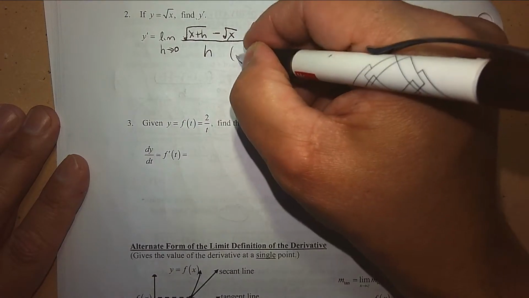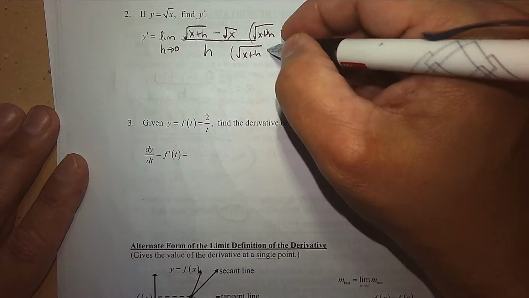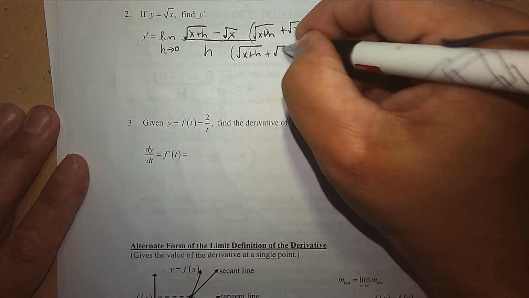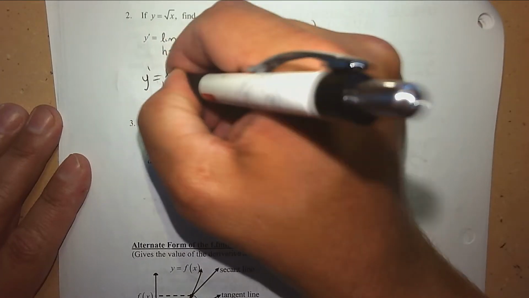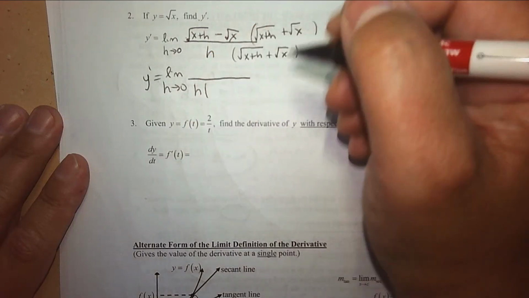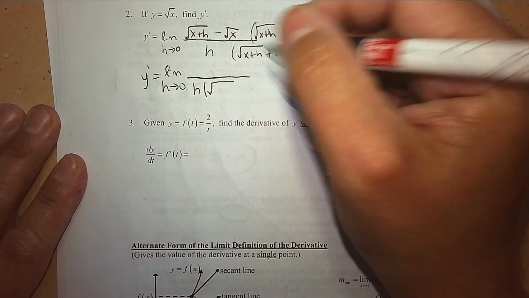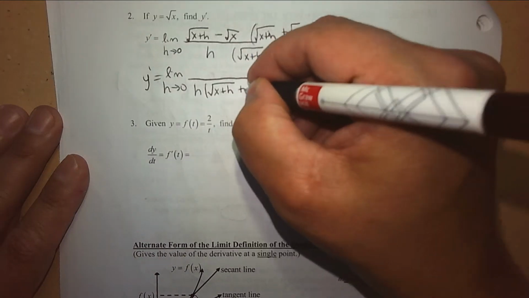What you created is called the difference of squares. The denominator, I am not going to distribute. The denominator, I'm going to leave alone. They're just going to go beside each other, okay?